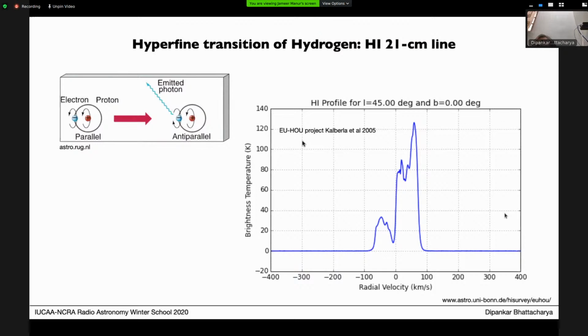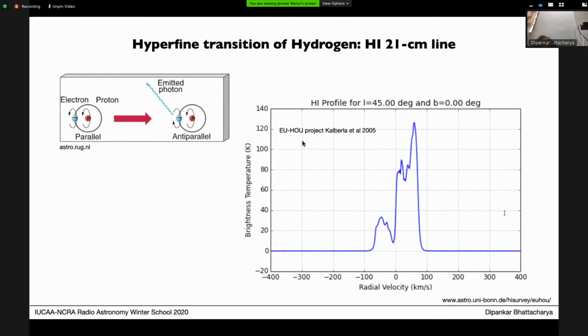Now, in this case, this is the neutral hydrogen H1 21 centimeter profile through the gas distribution in our own galaxy at a galactic longitude of 45 degrees, right through the galactic plane.